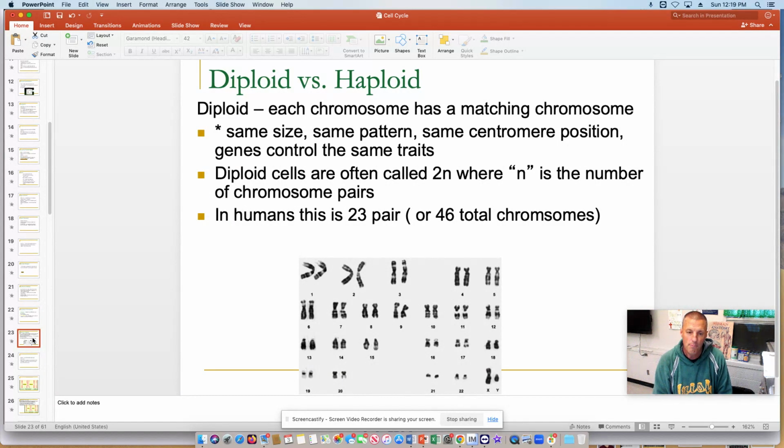So this picture at the bottom is basically a layout of a set of human chromosomes. And as I told you, humans have 23 pairs of chromosomes. So this is pair number 1, pair number 2. You can see how it's numbered down below here, all the way through 22. And then the other one's not called 23, it's called XY.